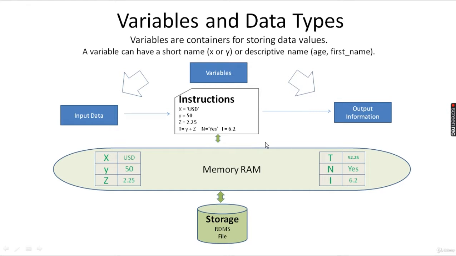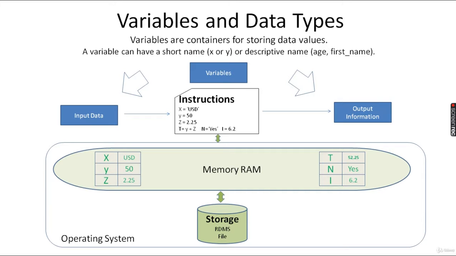So this is variables and data types, and I should also refer here to the operating system that contains the hardware infrastructure, the memory and the storage, and also the processor.